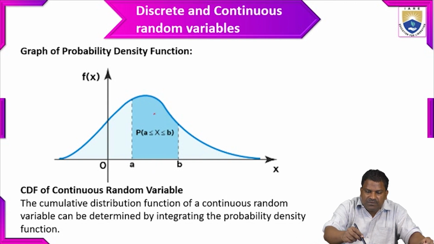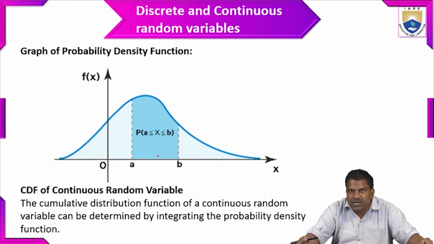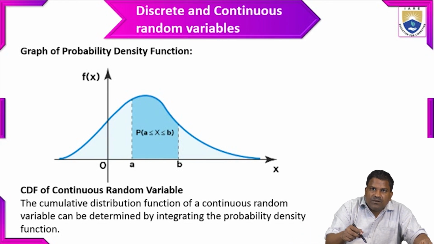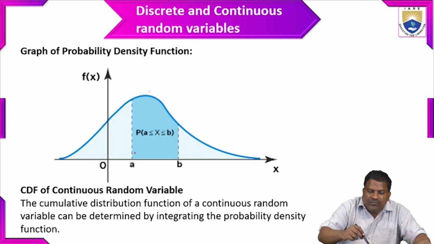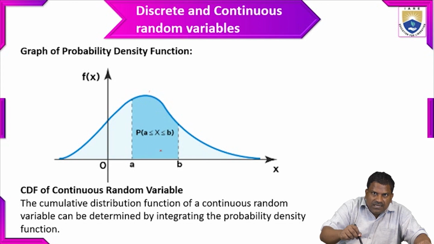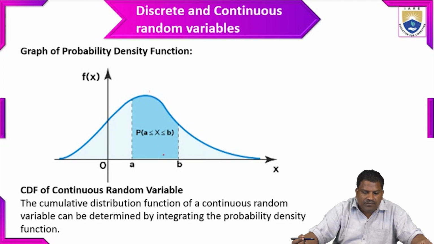This shaded part can be probabilistically represented as P of A less than or equal to X less than or equal to B. So this area is P of A less than or equal to X less than or equal to B.